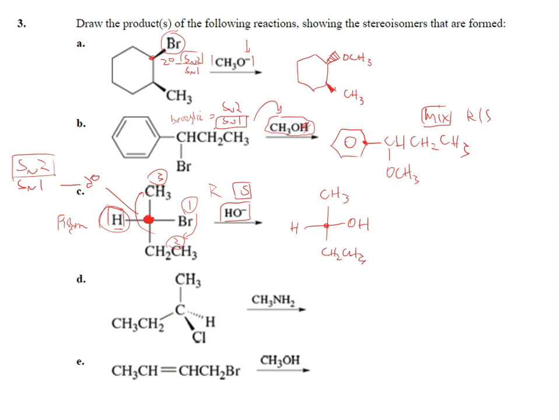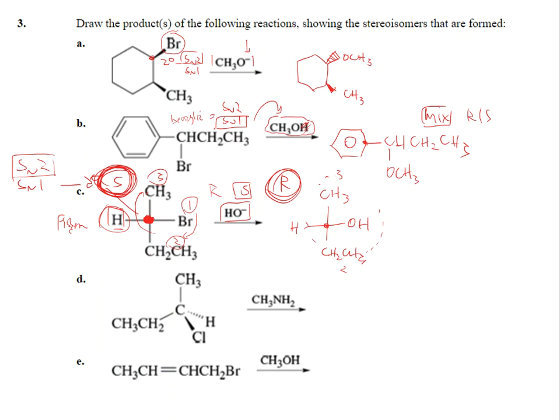Now, SN2 happened, Walden inversion happened, which means stereochemistry flipped here. So let's take a look at the stereochemistry. This is an S form right now. So that means I need to make sure that I get an R form. That's SN2. Well, right now, OH is 1, ethyl is 2, methyl is 3. Here we go around the rosy.